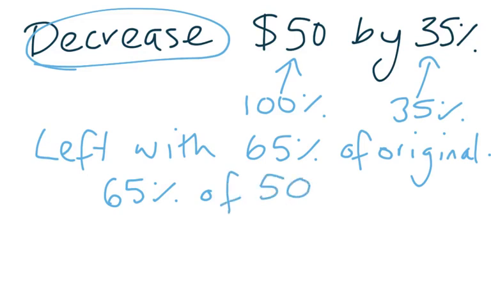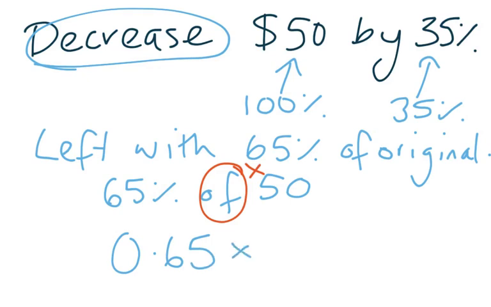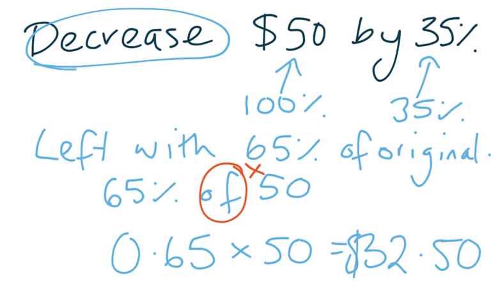And again, remember the word of means times, so we're going to do 0.65, because that's 65% as a decimal, times 50 to get our answer of $32.50.